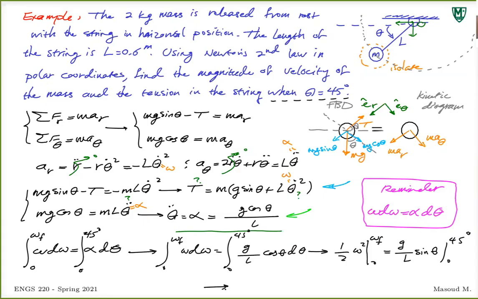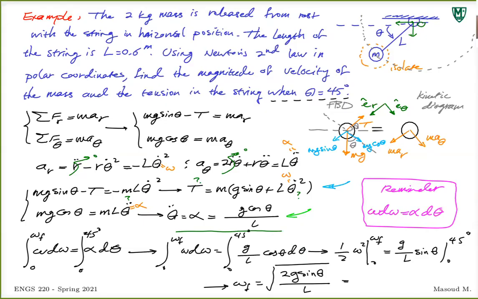That way you can just get omega f. So omega f is equal to the square root of 2g sine theta over L. And you know everything here. You know what g is, and theta is 45 degrees, so you just plug that in.